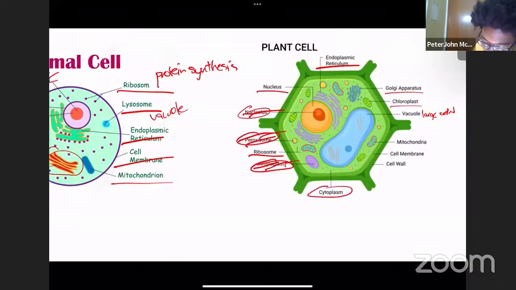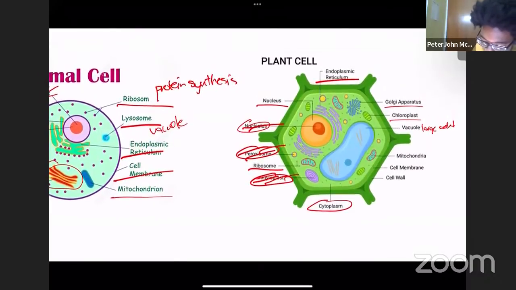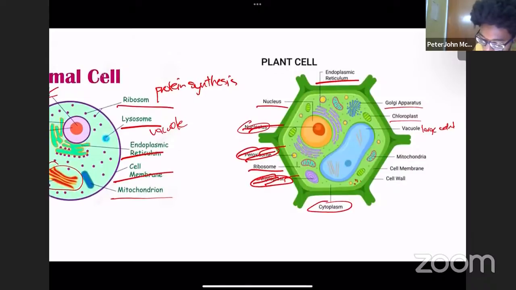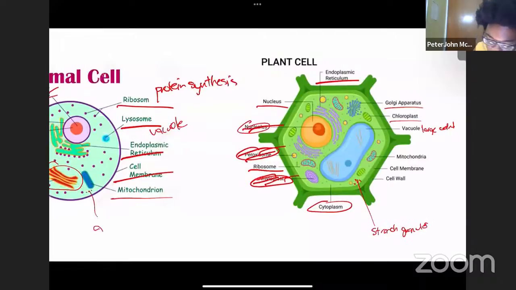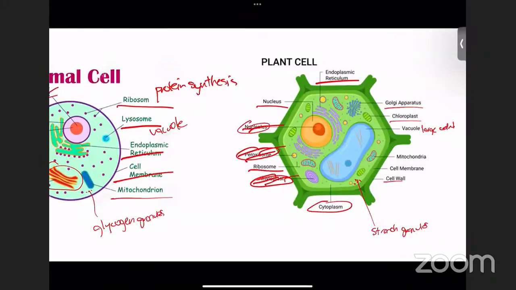Forget about this word. And we have the cytoplasm. Of course, what's missing here? Starch granules. Glycogen granules. Cell wall. What makes up the cell wall? Cellulose.